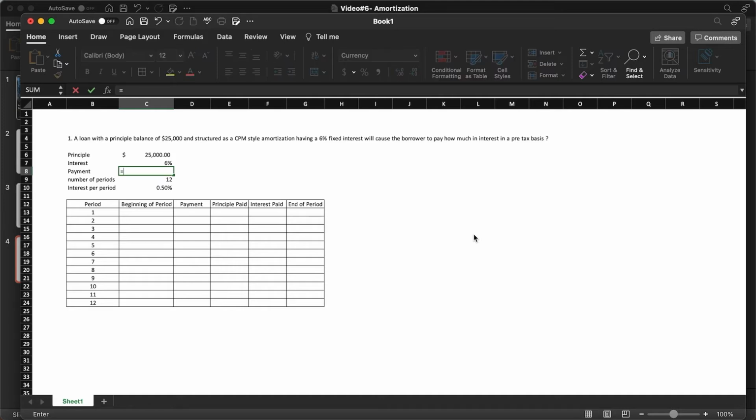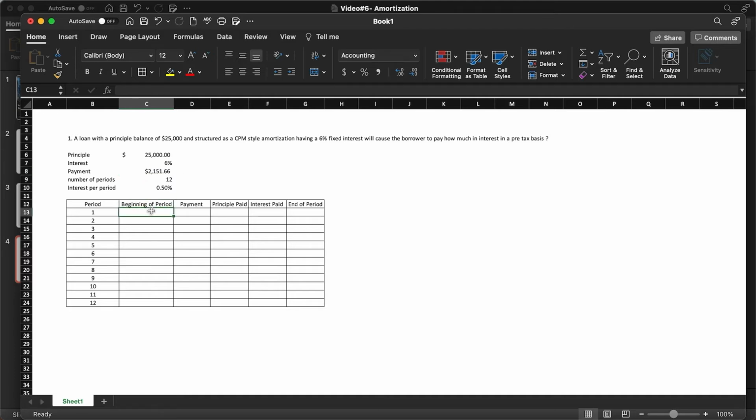So to calculate the payment, we'll use the payment function. We have a rate of 0.5% per month or per period, right? We have 12 periods, and the present value of the loan is $25,000. And we can put a negative there to get a positive payment.